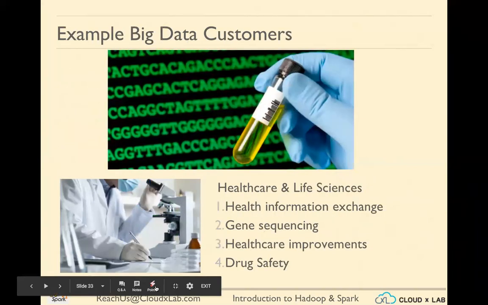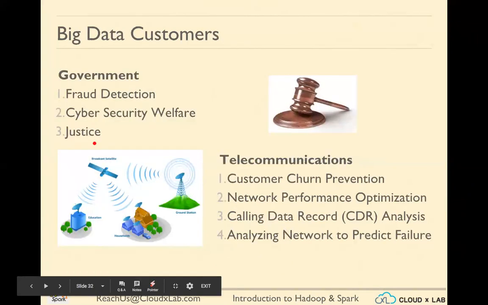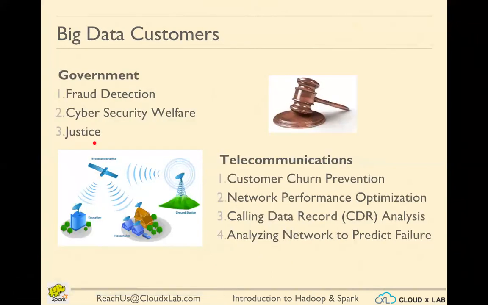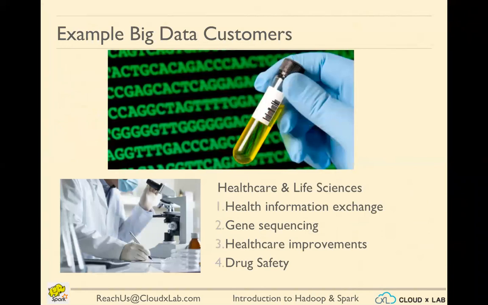All right. Now going ahead. So government and telecom are other big data customers. Few examples of big data customers. Anything related to healthcare and life sciences is of course a big data problem, because whether it's health information exchange or whether it's gene sequencing, the amount of data storage or processing is complex and huge, right?